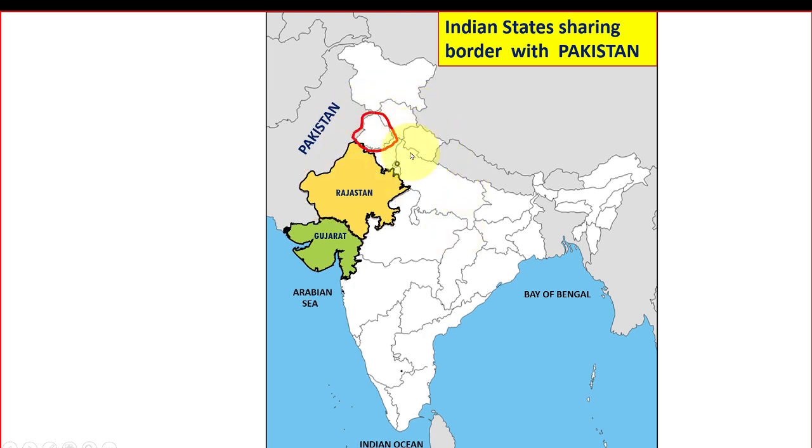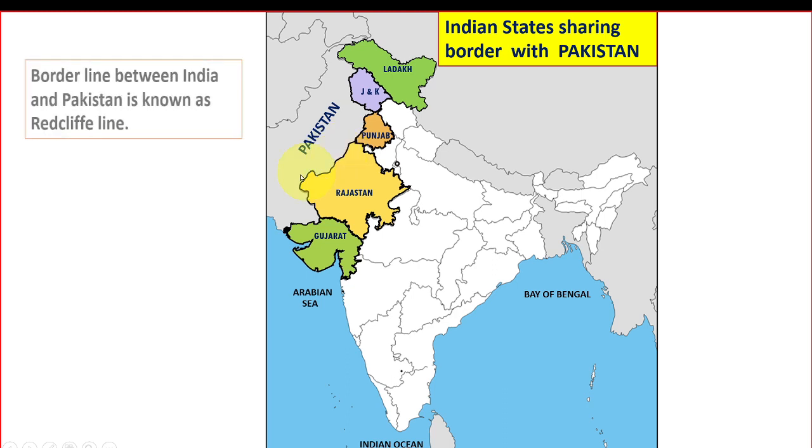Fourth is Jammu and Kashmir, where we share a common border with Pakistan. Fifth one is Ladakh UT, which also shares a common border with Pakistan. These are the 5 states which share a common border with Pakistan. Once again, Gujarat, Rajasthan, Punjab, Jammu and Kashmir, and Ladakh.